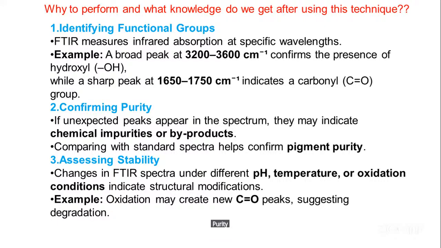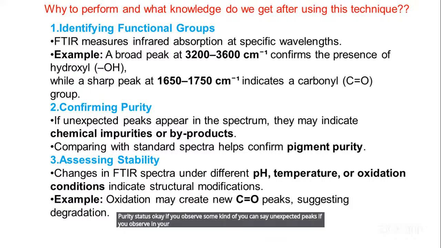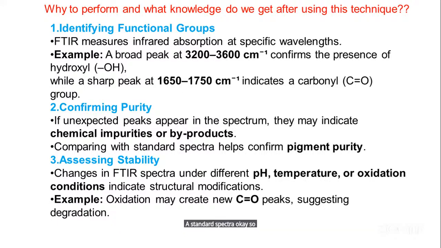If you observe some unexpected peaks in your spectra, then you can say that some chemical impurities or some byproducts are there in your pigment. And again, you can compare your obtained spectra with the standard spectra. This is how you can confirm the purity.